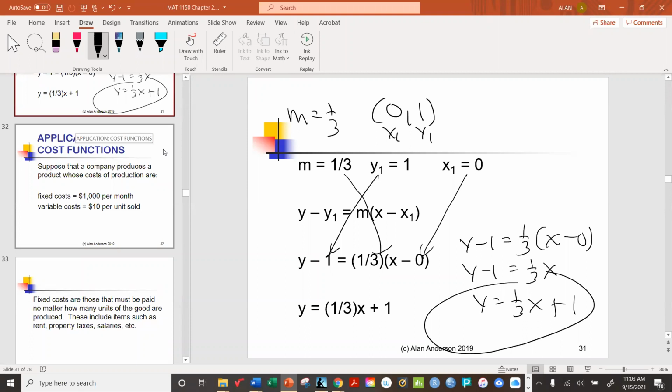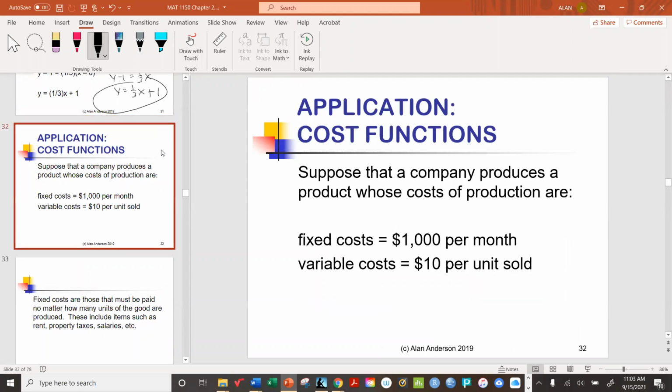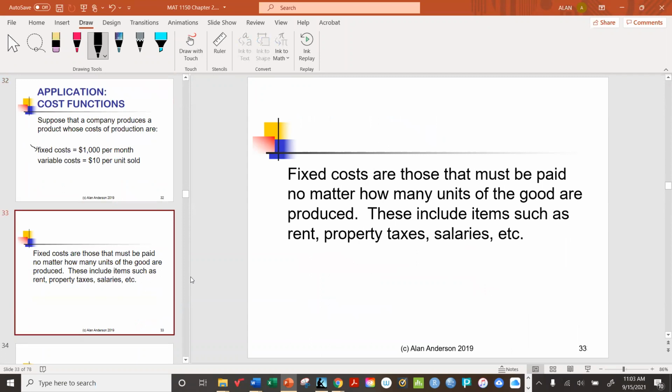So let's say, for example, we have a company that makes a product. Now, the costs of production typically are assumed to fall into one of two categories. The fixed costs are the ones you have to pay no matter how much output you produce. Fixed costs are the ones that must be paid no matter how much is being produced, like, for example, rent, property taxes, salaries.